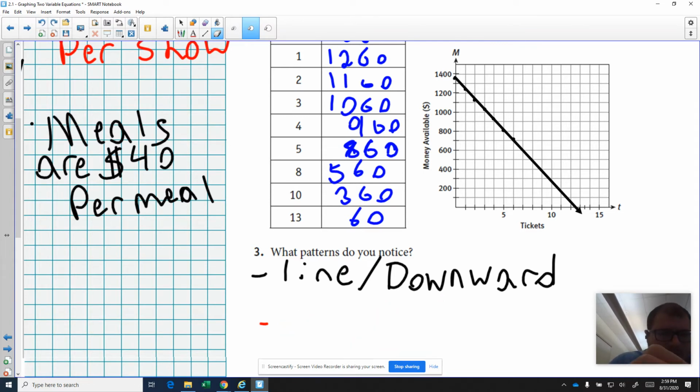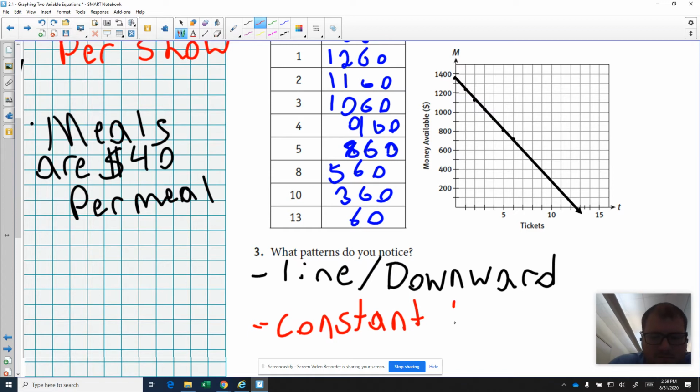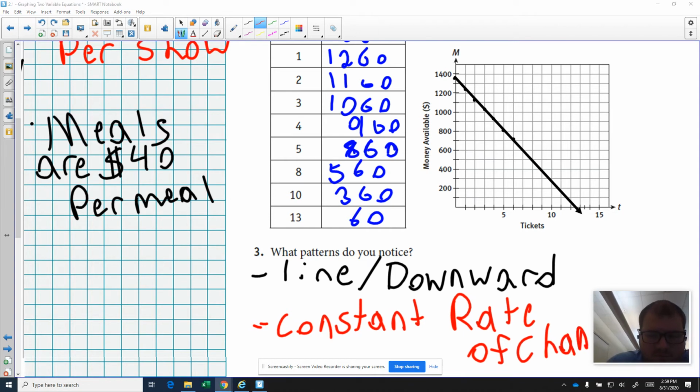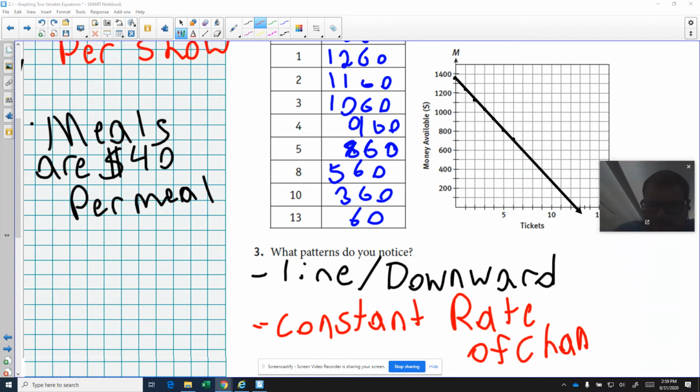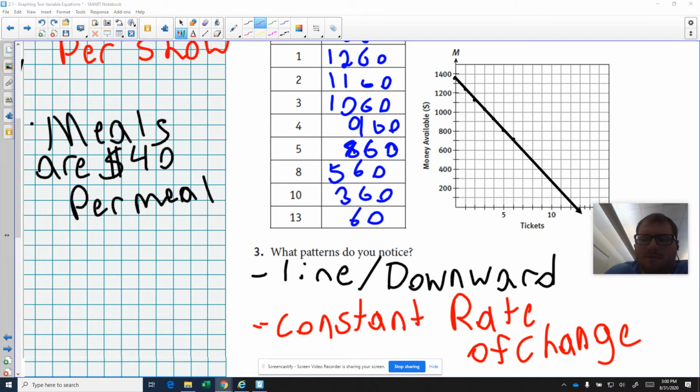Constant rate of change. And that's going to be one of the important pieces from this lesson.